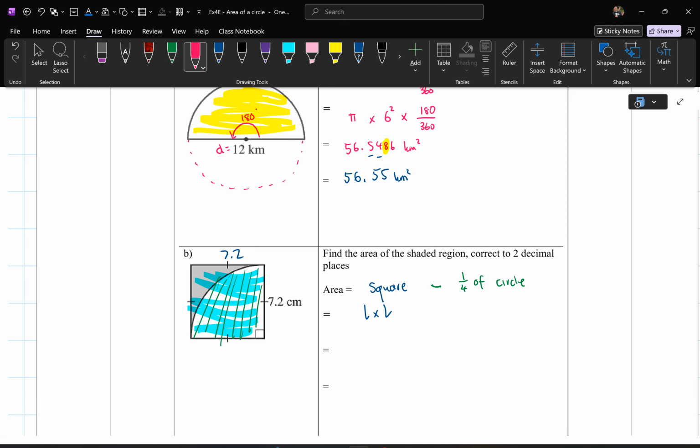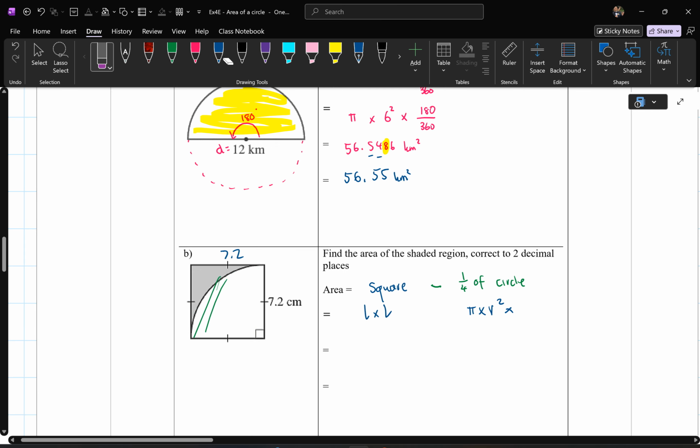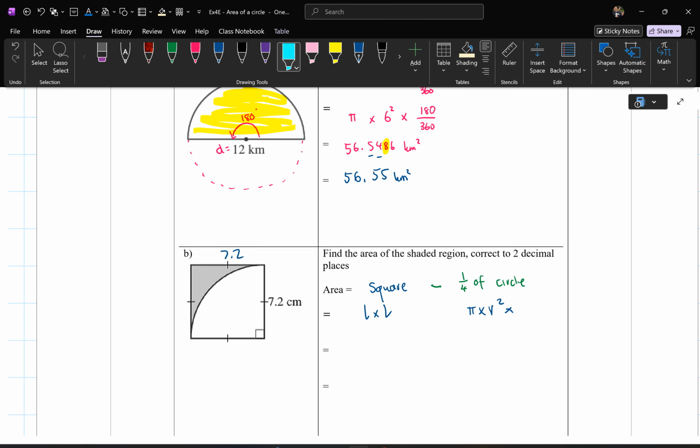What's the area formula for a circle again? Let's go with Hamza. What's the formula for the area of a circle? Good. Pi times radius squared is the area of a circle. But in this case, we don't want a full circle. We only want a quarter. What's the angle?